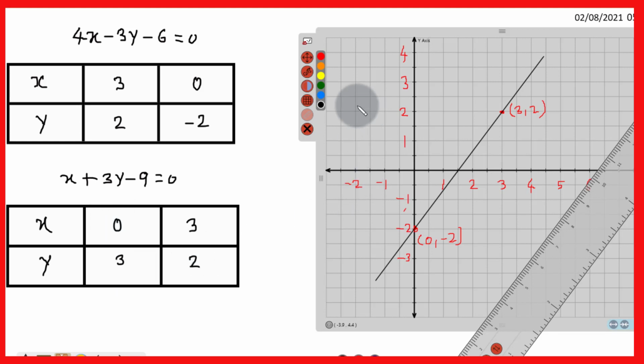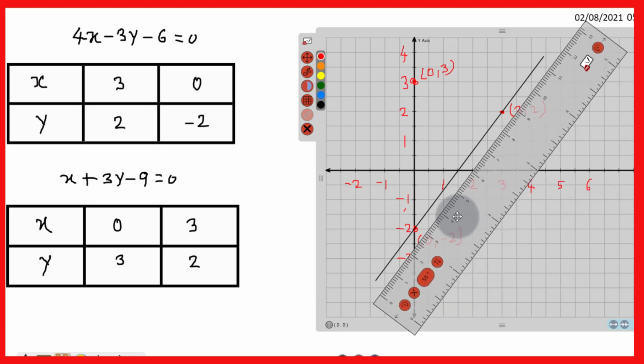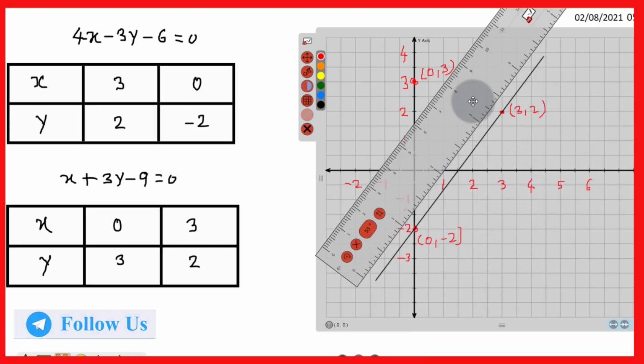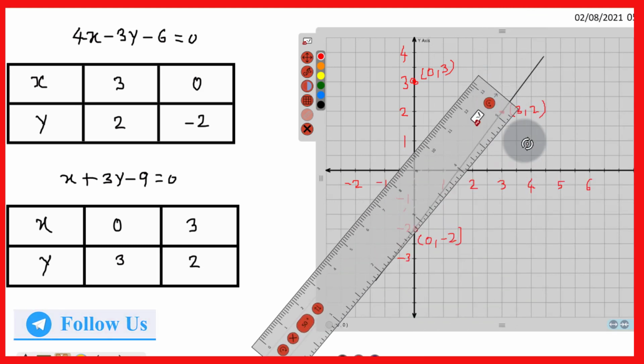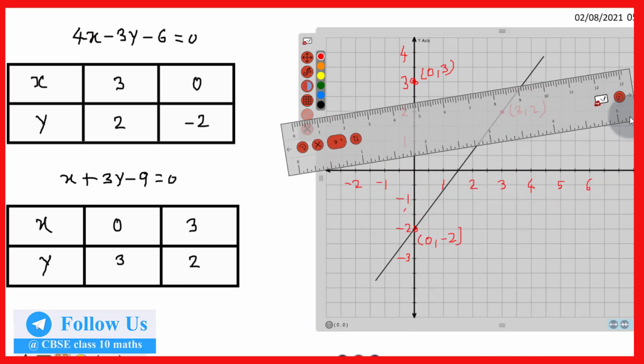The first set is 0 and 3, so this will be the point 0 and 3, and then the other set is 3, 2, that will be the same point 3, 2. This point is 0 and 3. So we will draw a line passing through these 2 points.